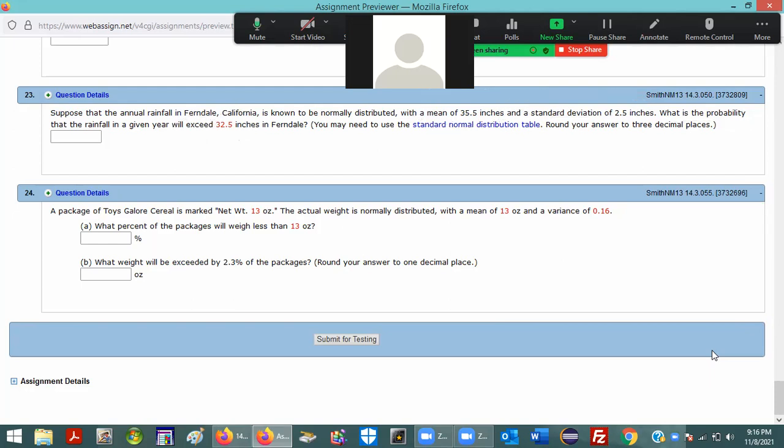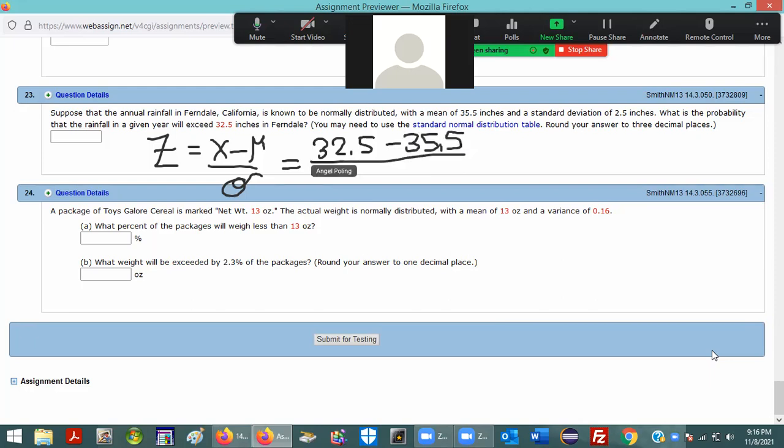And we first find a z-score, right? So z equals x minus mu over the standard deviation. That will be 32.5. Take away 35.5, divide by 2.5.